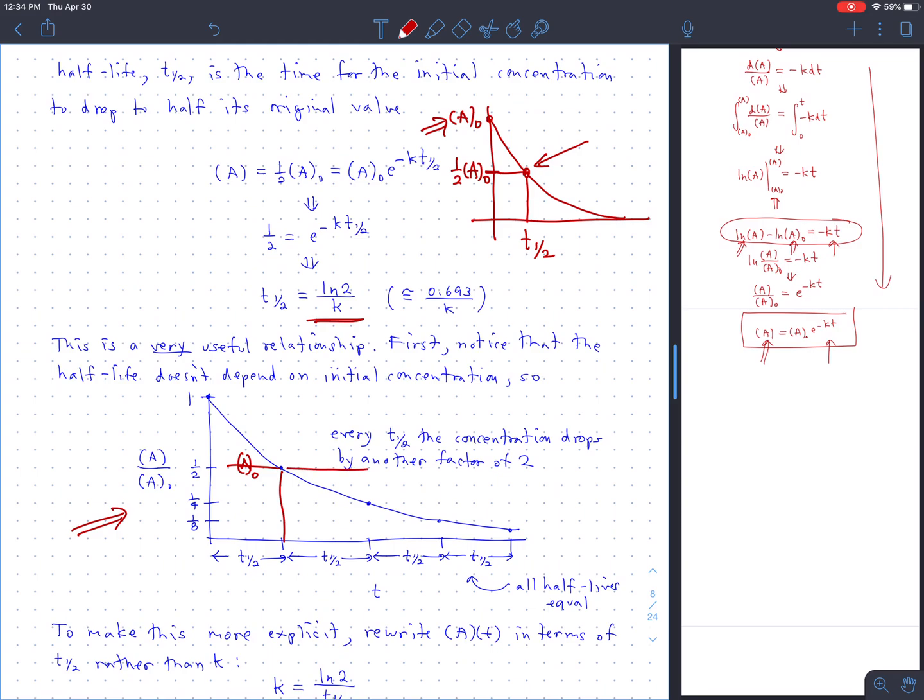And that means since the half-life doesn't depend on the initial concentration, if we wait another half-life, we should lose another half of our concentration. And if we wait another half-life after that, we should lose another half of our concentration, and so on. Every half-life, all the half-lives are the same, and that's only true for a first-order reaction.